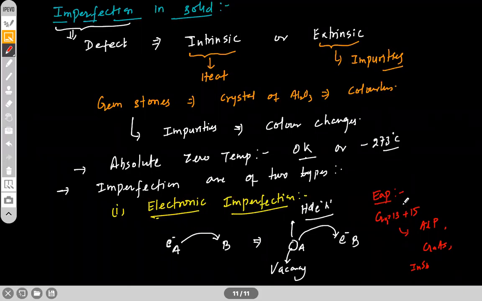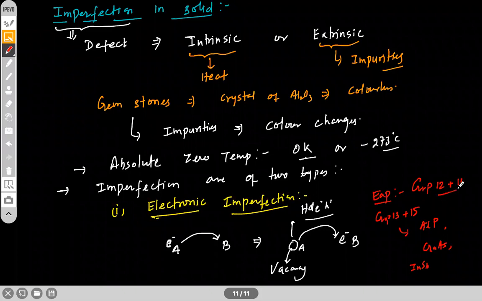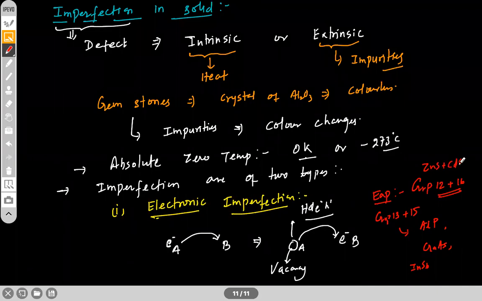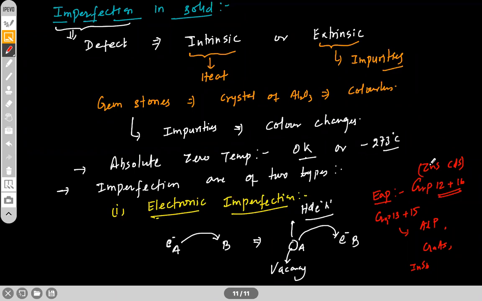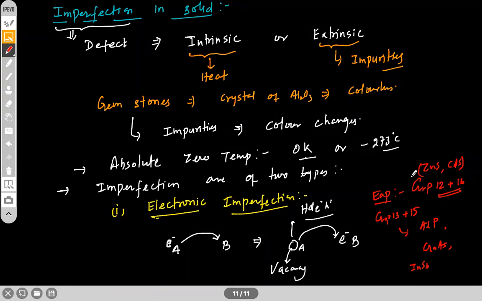So group 13 plus 15 elements you can have. You can also have group 12 and group 16. That also gives rise to electronic imperfection. ZnS can show it, CdS can also show it. These are the examples of this kind of imperfection we have. Electronic imperfection.